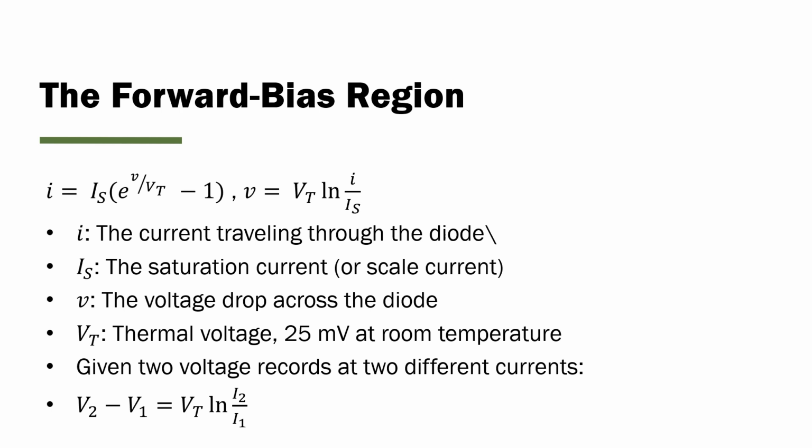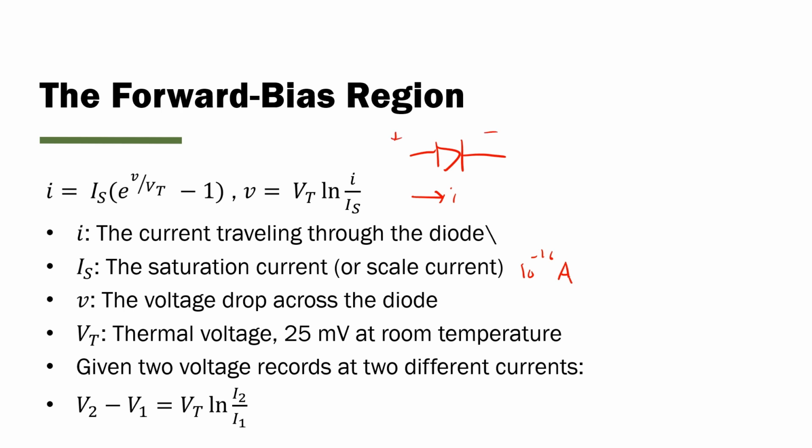So I is just the current traveling across the diode. I sub s is an important constant for a diode. It's called the saturation current or scale current. Each diode model that's manufactured has a different value of I sub s. But what you want to know is that it's usually extremely small, like 10 to the negative 16 amps. That's small.